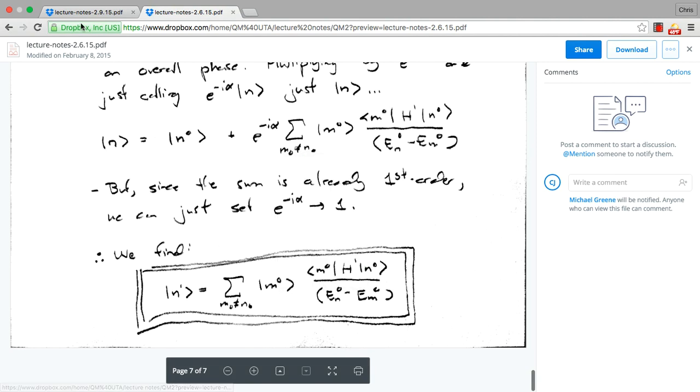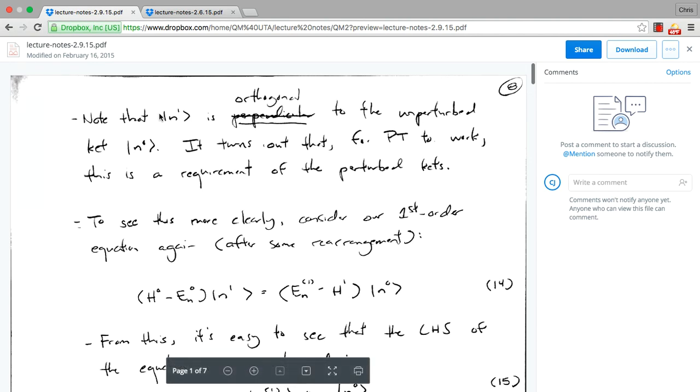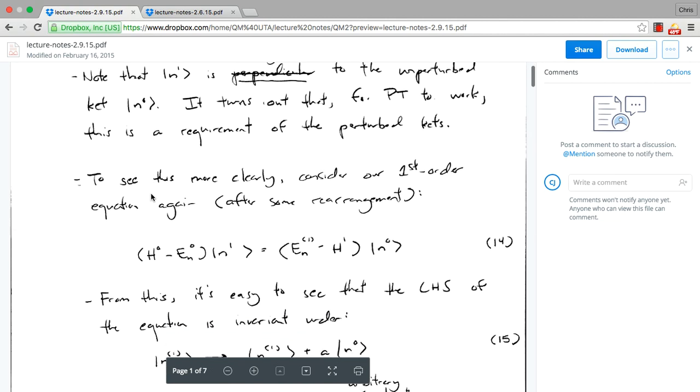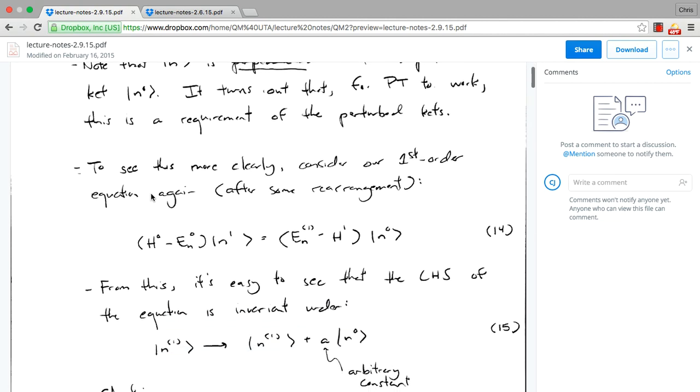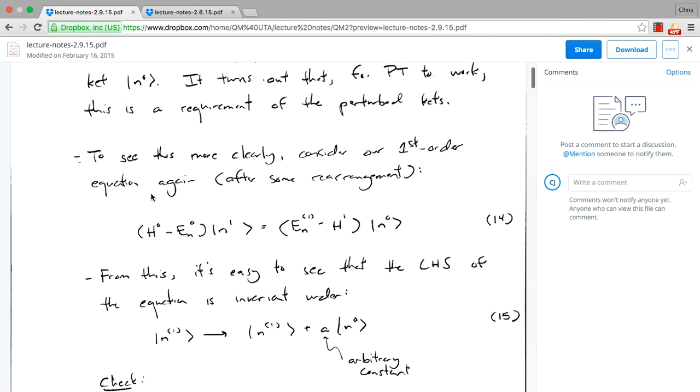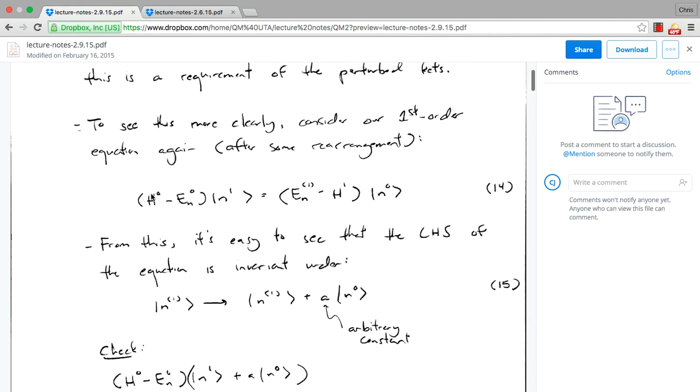Like I was just saying, you can see that this solution is orthogonal to the unperturbed ket, the N0. And for perturbation theory to work, it turns out that this is actually a requirement of the perturbed kets, and you can work through it and see how this comes about. So let's do that, and hopefully it'll give us some insight into how these eigenkets are constructed.